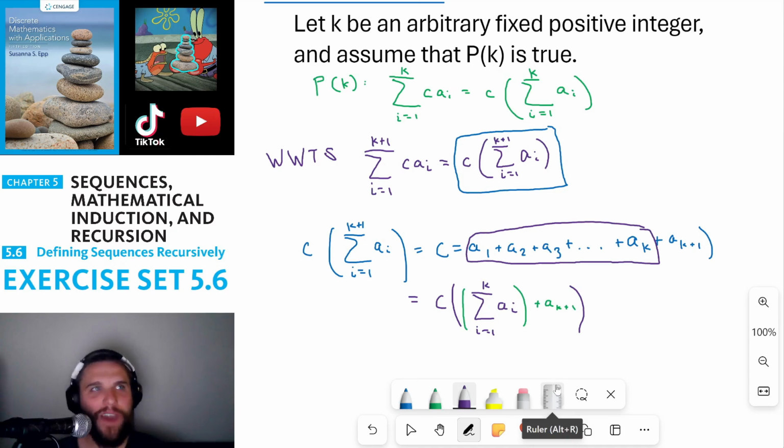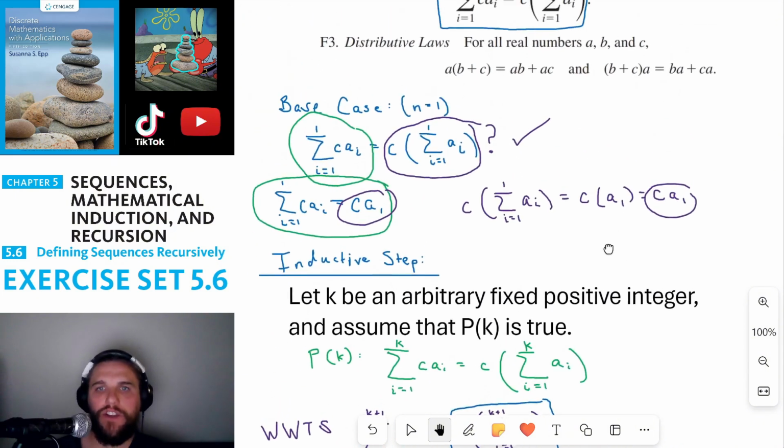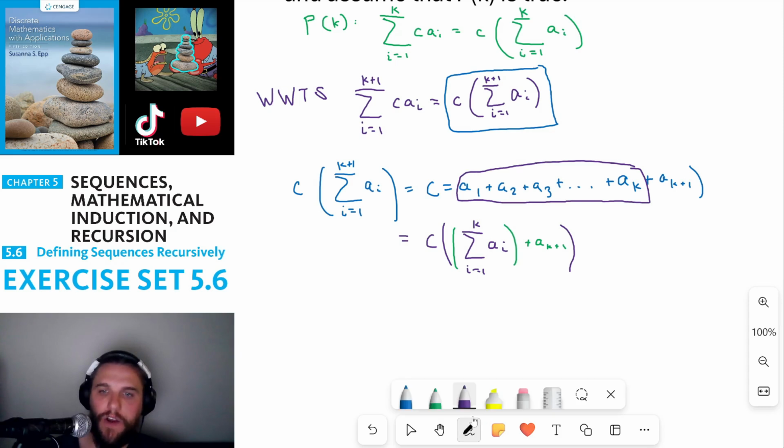Now here's the key. We're allowed to use the distributive law here. Just to remind you, the distributive law says that a times (b plus c) equals ab plus ac. This only works if we only have two terms. In this instance, we have c, which can be distributed to these two terms if we consider this summation to be a term within itself.